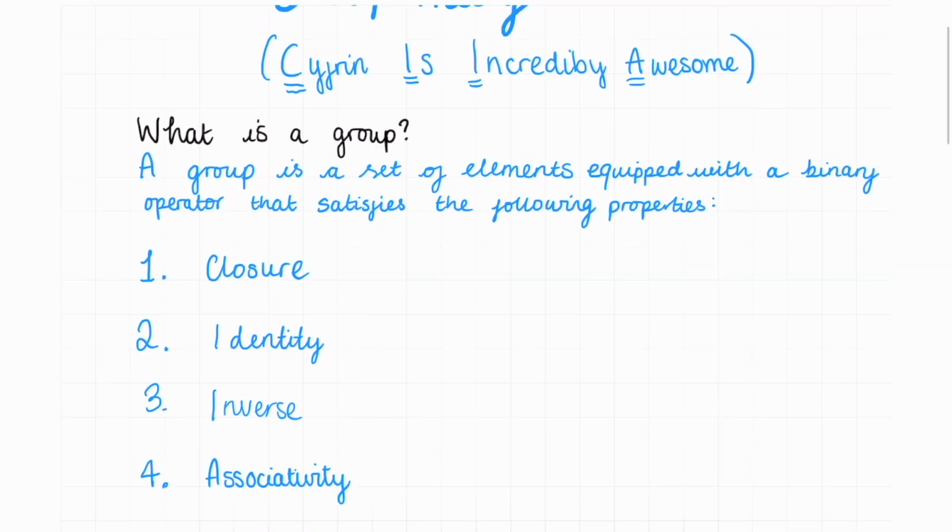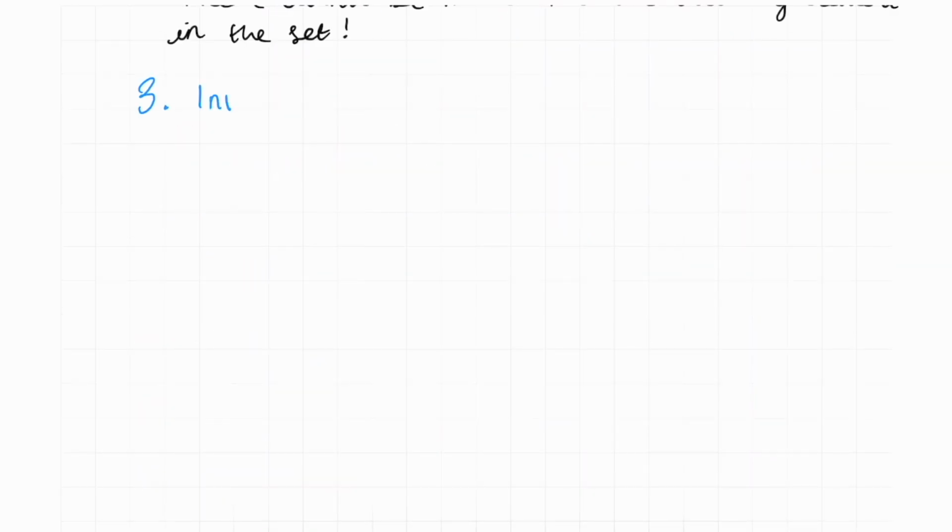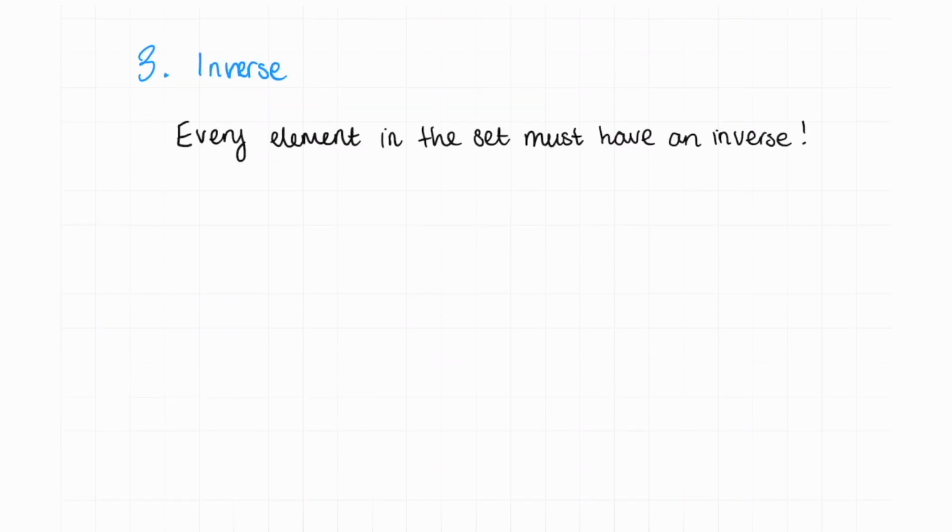Let's move on to the third property, inverse. So number 3, inverse means that every element in the set must have an inverse. So what do I mean by inverse?